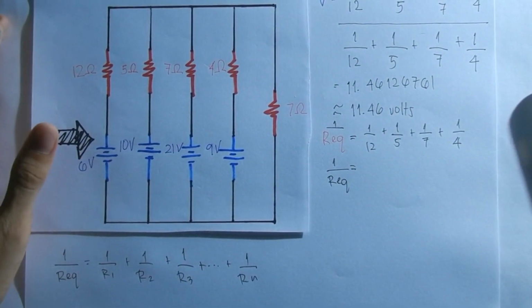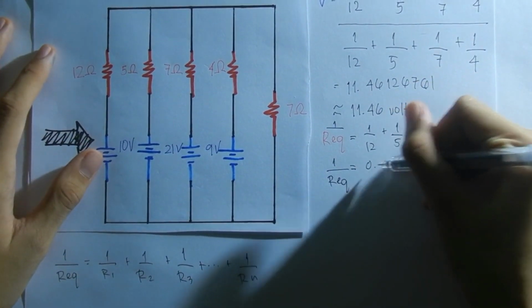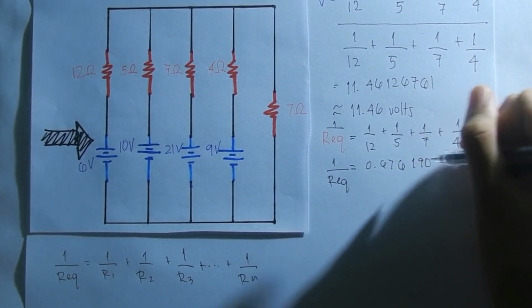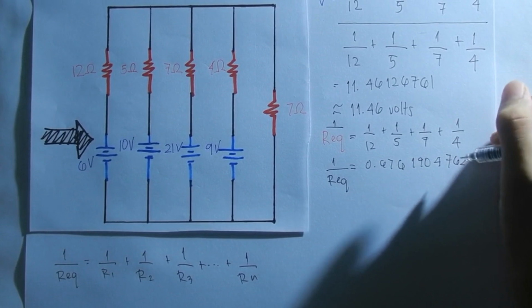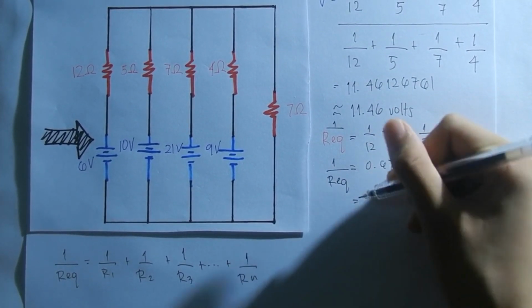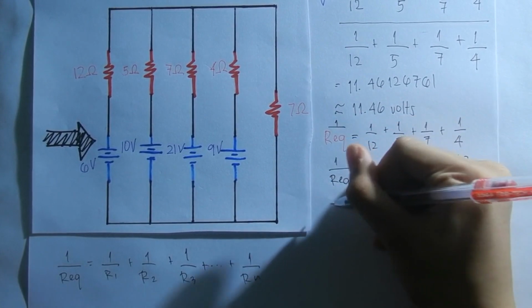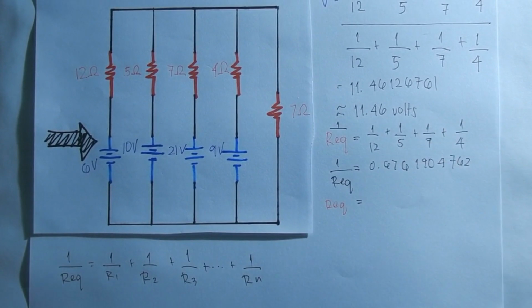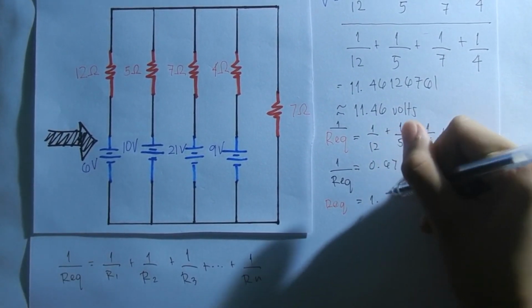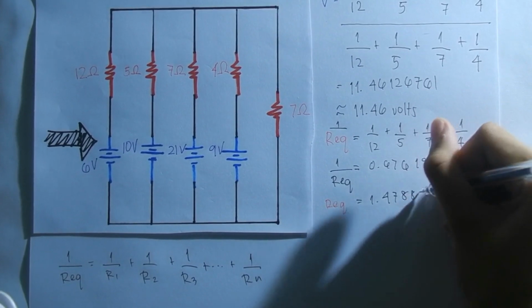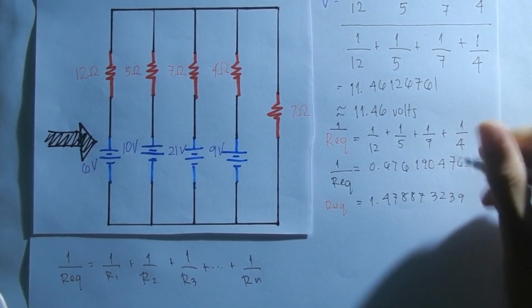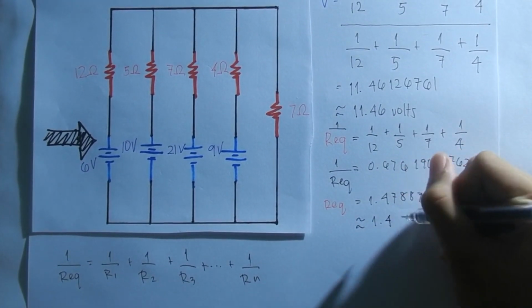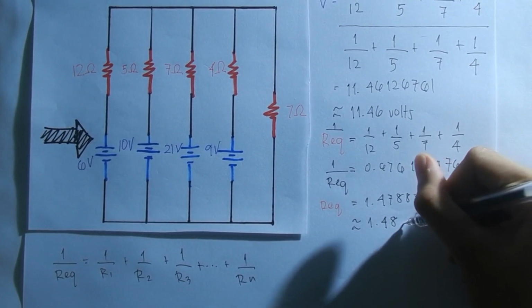One over Req is equal to 0.676761904762. So Req will be 1.478873239. Let's round off to two decimal places: 1.48 ohms.